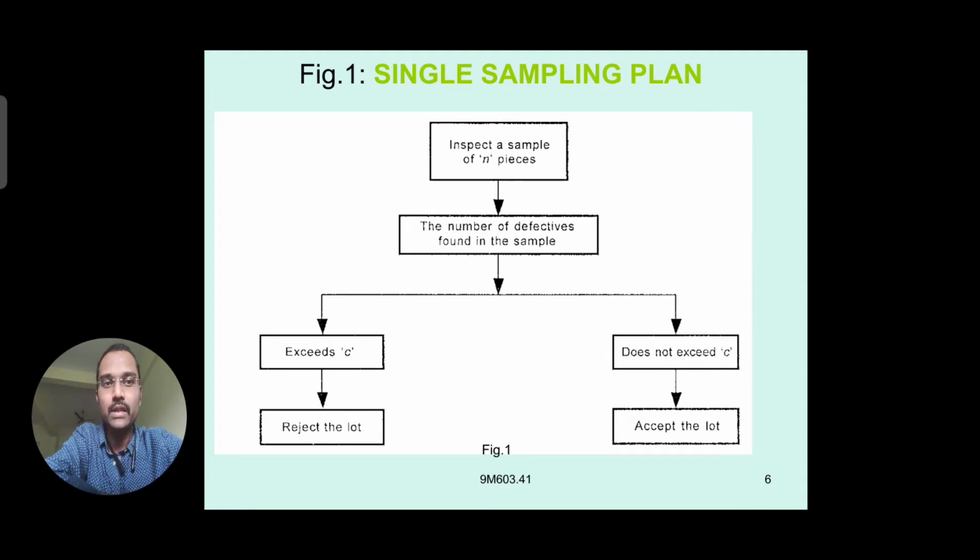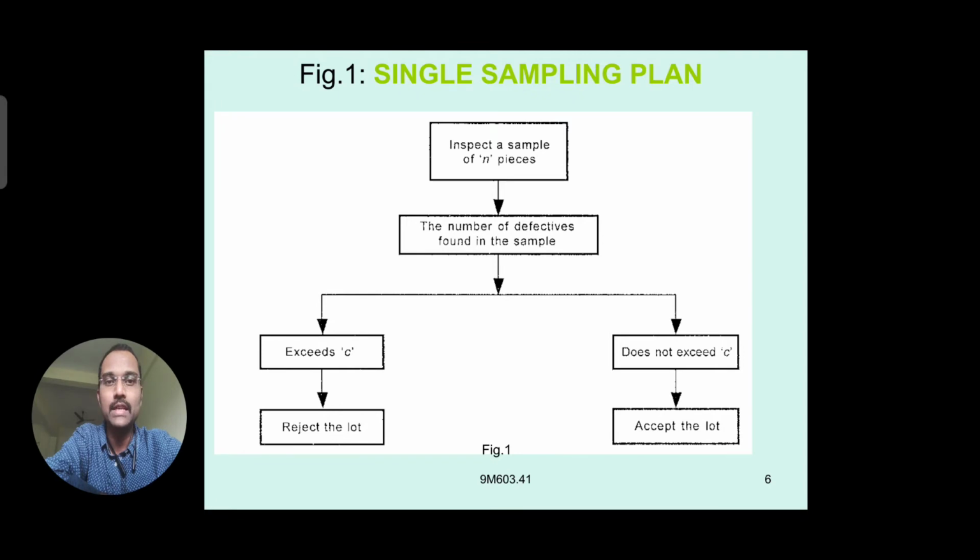The same case you can see on the right-hand side here: if the number of defectives found in the sample does not exceed C, the acceptance number of 1, then the lot should be accepted. Rejecting the lot means the next step is to go for 100% inspection.